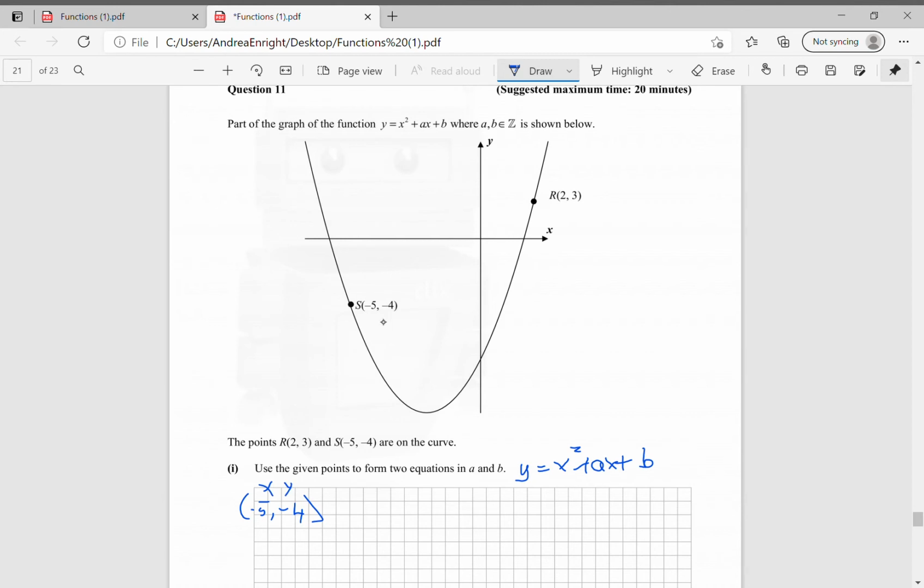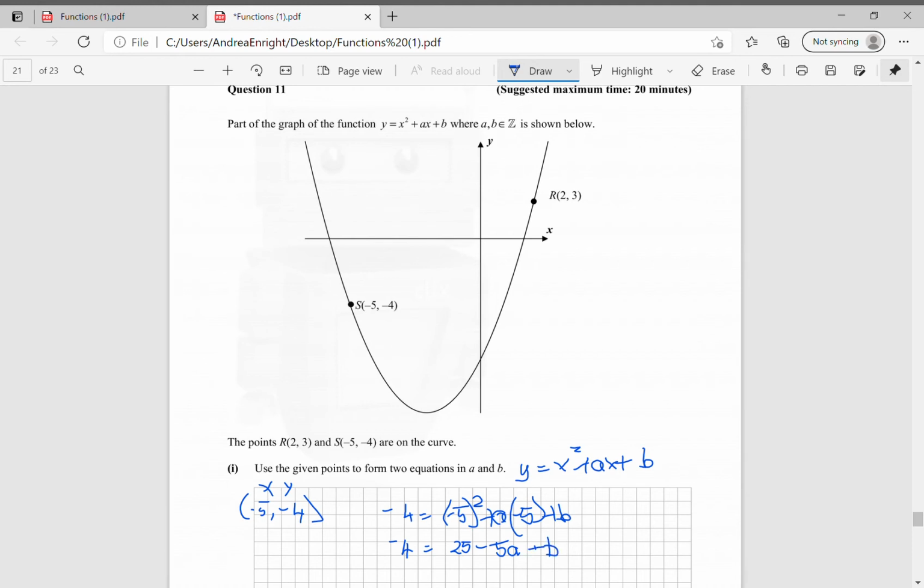So instead of that y, it's minus 4 equals minus 5 squared plus a times minus 5 plus b, right? So that would be minus 4 equals 25 minus 5a plus b.